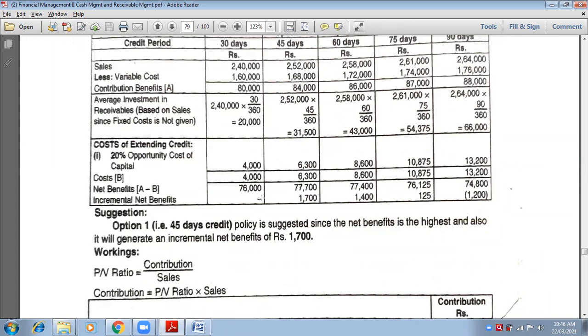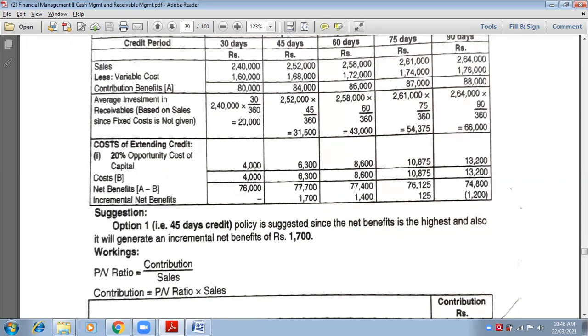But if you go to option number 1, then it will give you the profit of rupees 77,700. Means the extra profit is 1,700. Similarly, you have to do it for option number 2. Look here. 77,400 is the profit which option number 2 gives you, and present policy gives you 76,000. So how much extra profit is it?